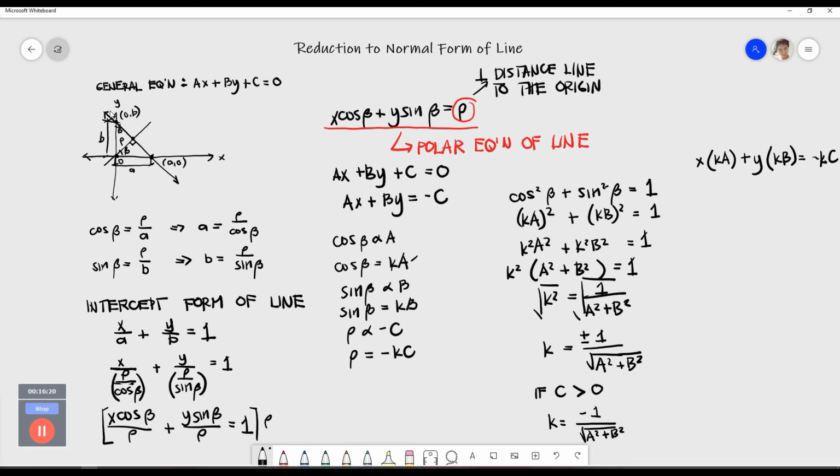Again, we know that the value of k is negative 1 over the square root of a squared plus b squared.